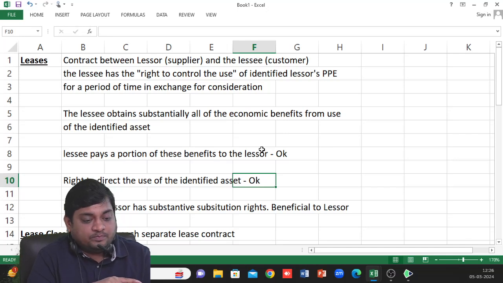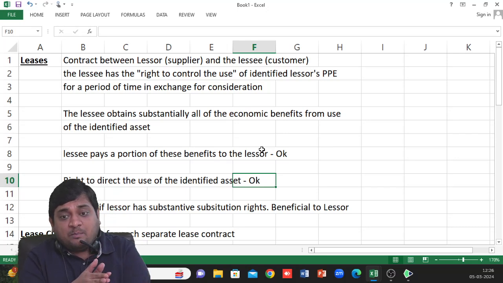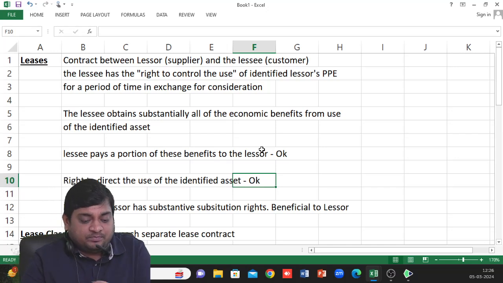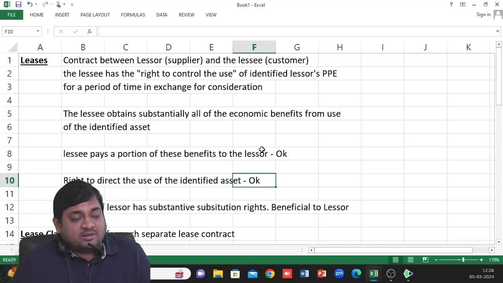So it's a contract between the lessor and the lessee, supplier and the customer. It's a right of using the asset. Substantially all the benefits should flow to me, and I can give you some part of the remuneration as a percentage of sales, but I cannot give you some part of the asset to use. Substitution right, not okay, this is not a lease contract.